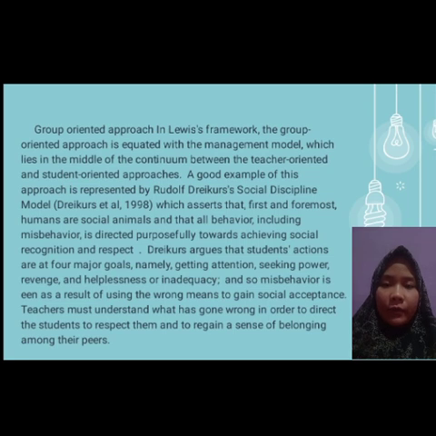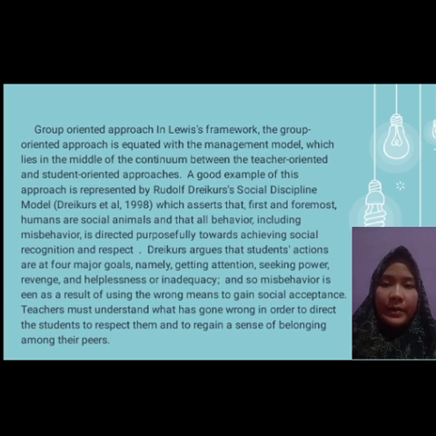first and foremost, humans are social animals and that all behavior, including misbehavior, is directed purposefully toward achieving social recognition and respect. They argued that students' actions are aimed at four major goals, namely getting attention, seeking power, revenge, and helplessness or inadequacy.